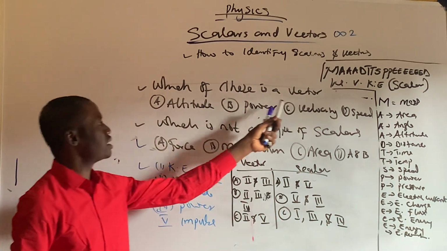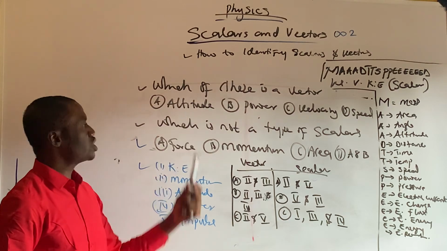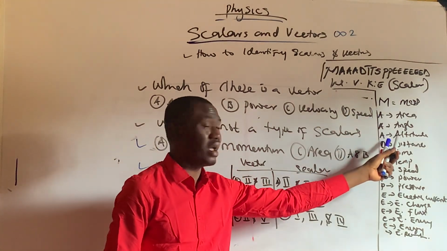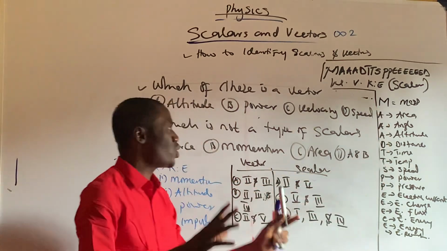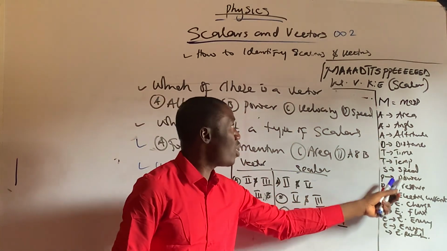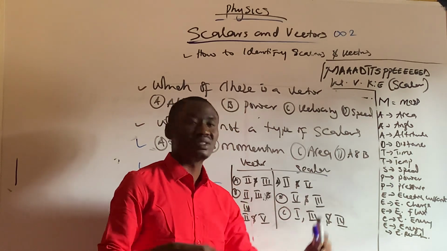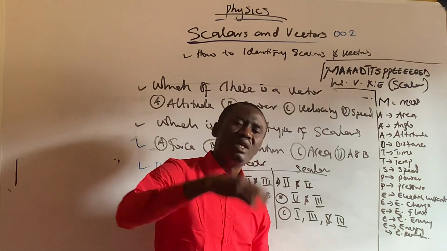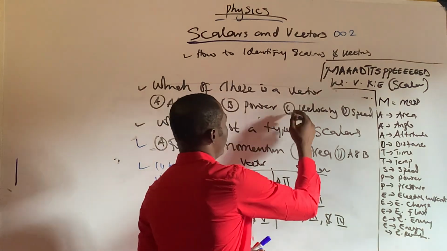Which of these is a vector? Now, altitude is there among the scalars we have here, so altitude is not a vector. I've told you why altitude is not a vector. Power is among the scalars, so power is not a vector. Then velocity, definitely velocity is a vector: displacement over time. So this is the answer.